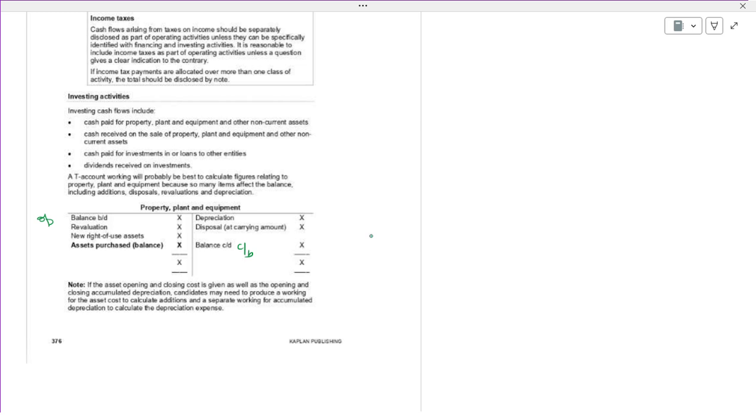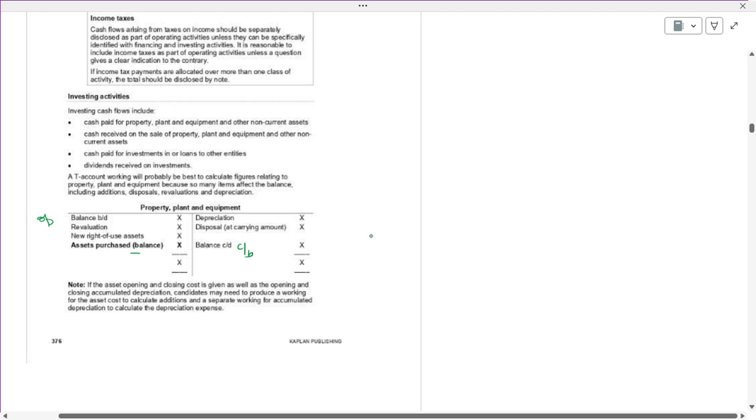Whenever you have a T account, if it is an asset and it is on the debit side, you have purchased. If it is on the credit side, you have sold. Now you have to be clear on the rules. If an asset is increasing, it is debit.